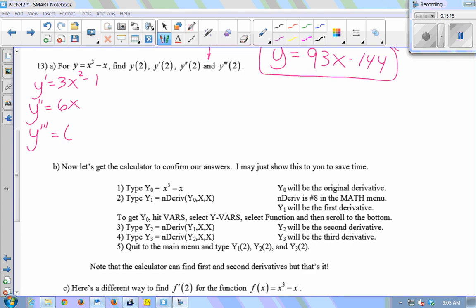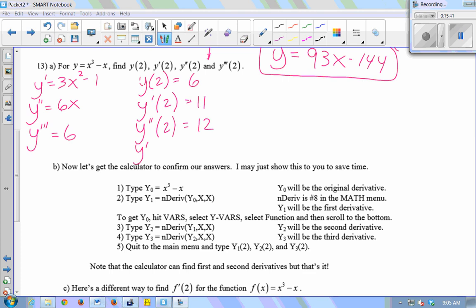6. Good. So y of 2, I would plug into my original y function. 2 cubed minus 2 would be 6. y prime of 2, plug in 2 into y prime. 2 squared is 4, times 3 is 12, minus 1 is 11. y double prime of 2, 6 times 2 is 12.